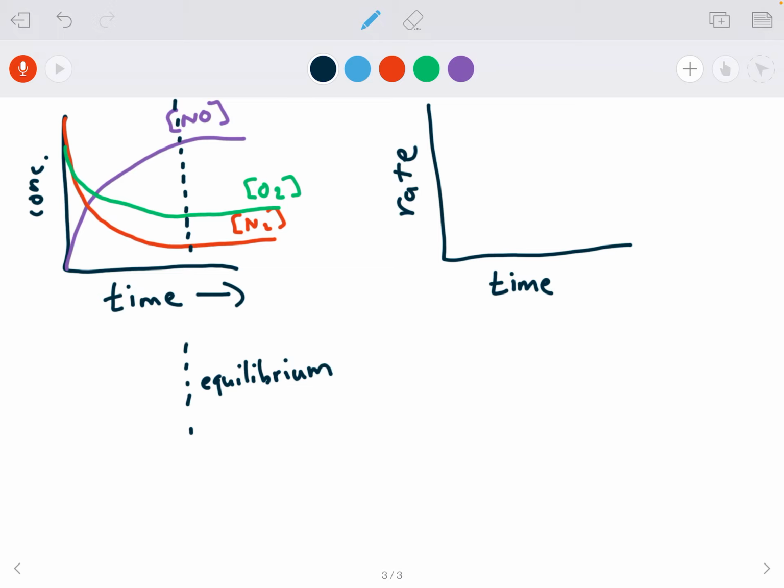But we're going to go to the rate plot now. The first rate I'm going to plot is going to be Kr times the concentration of NO squared. Right, the rate of the reverse reaction, sorry. So this would be Kr, because it's the reverse reaction.